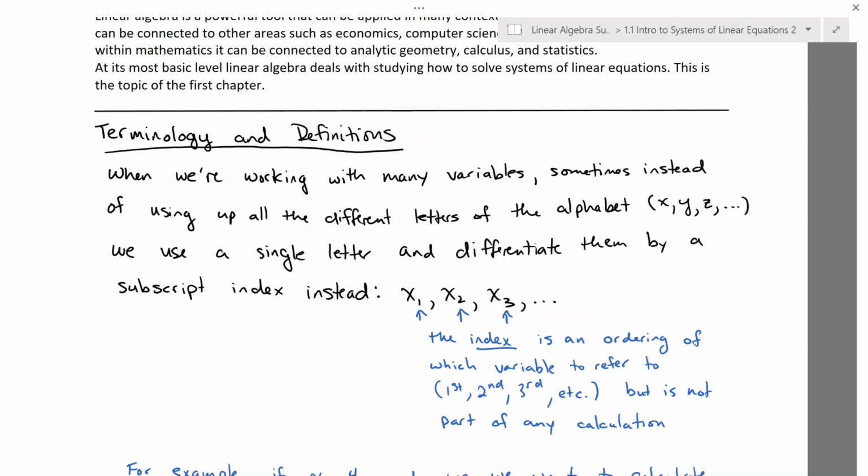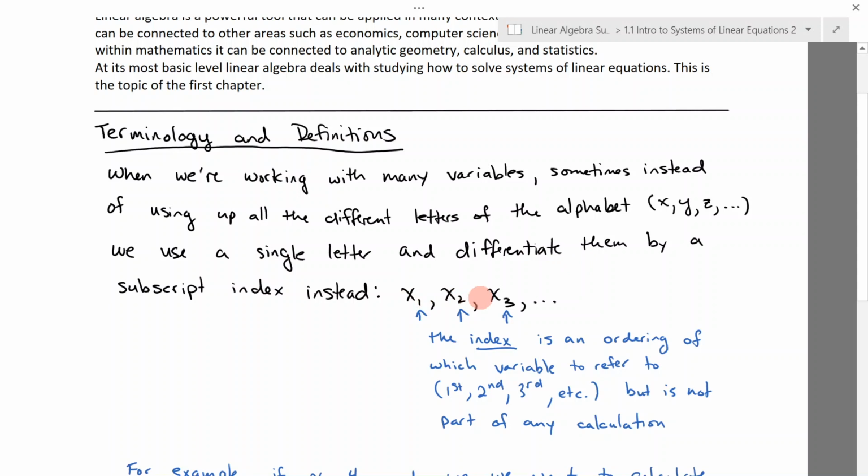Okay, so when we're dealing with large systems, we're going to have to work with many variables. And so sometimes instead of introducing additional letters for all the variables like x, y, z, a, b, c, and so on, we're going to use a single letter for the different variables, but then differentiate between the variables by using a subscript index instead.